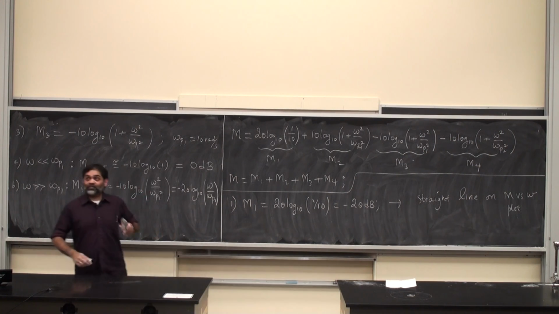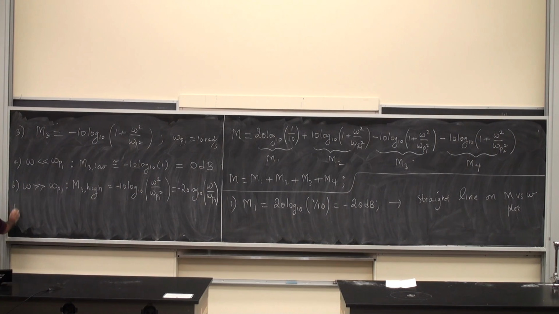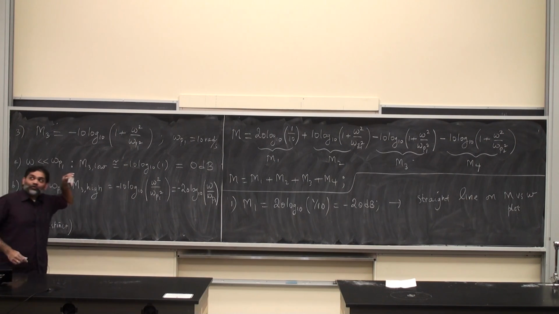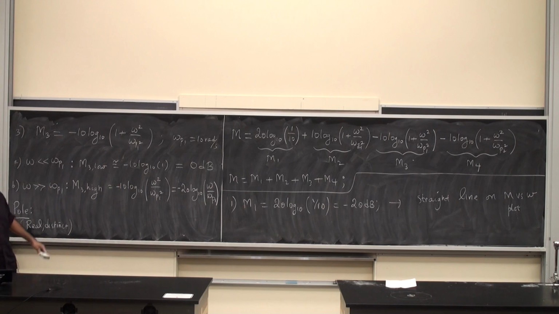We've done this in the past, so if you have a pole, real and distinct of course, you will see that the high frequency asymptote is now going to reduce at 20 decibels for every decade, right?